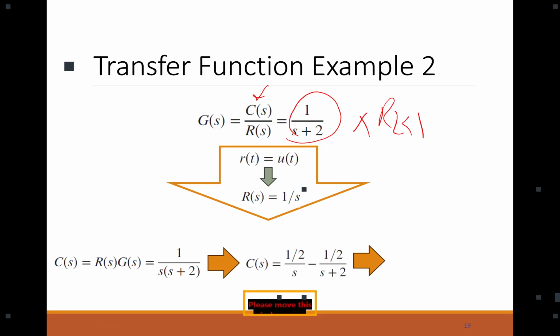Now, since we have the output of our system, we can see what would happen in the time domain by taking an inverse Laplace of that output.